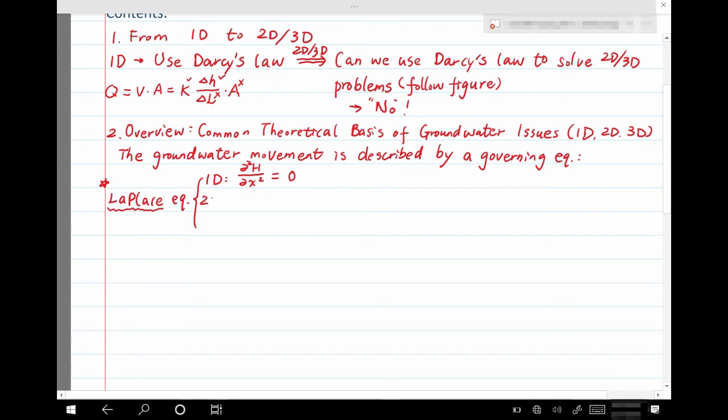And if it's 2D, we know that we have two coordinates, x and y. So in that case, we will have the second derivative of h with respect to x plus the second derivative of h with respect to y equals 0. And for 3D, we just add one more coordinate to it. That is z. We have x, y, and z, 3 directions in 3D.